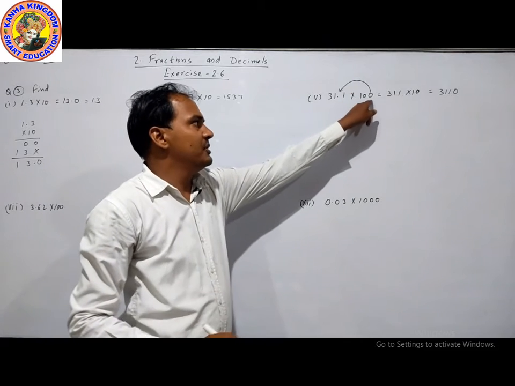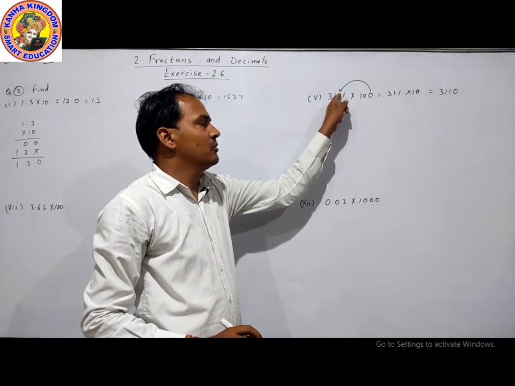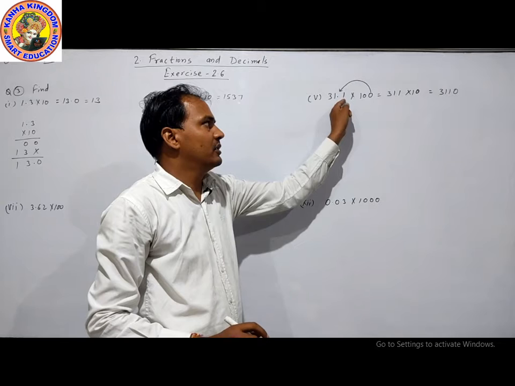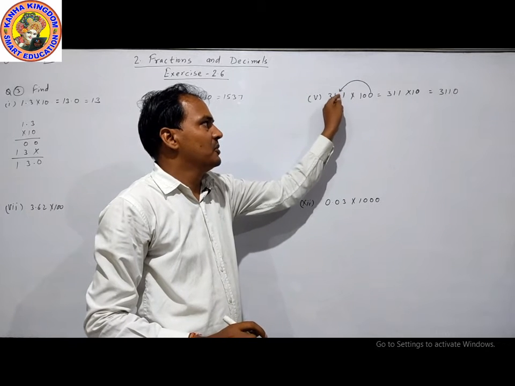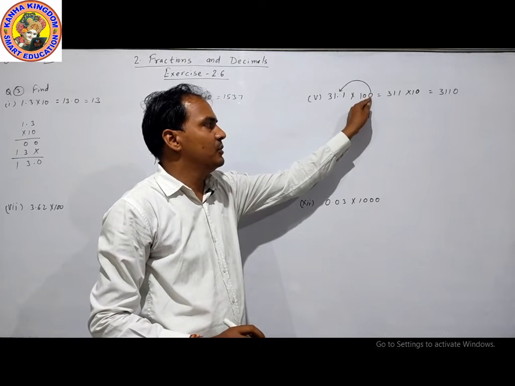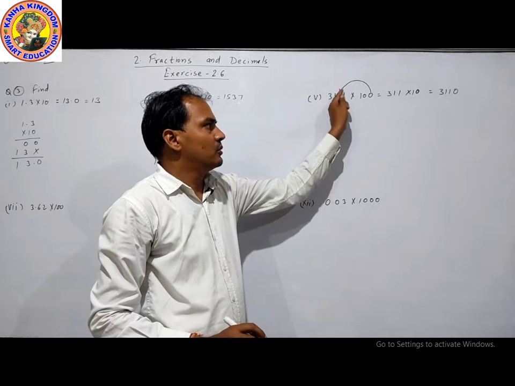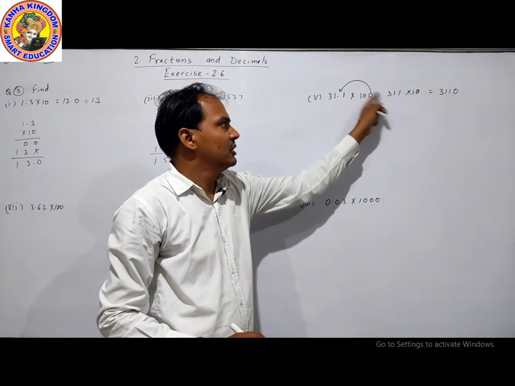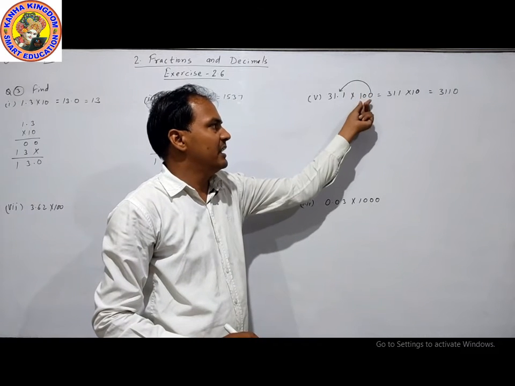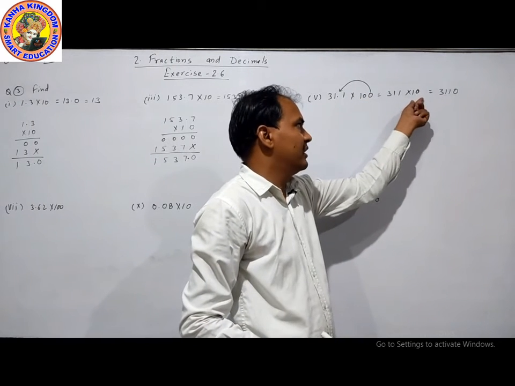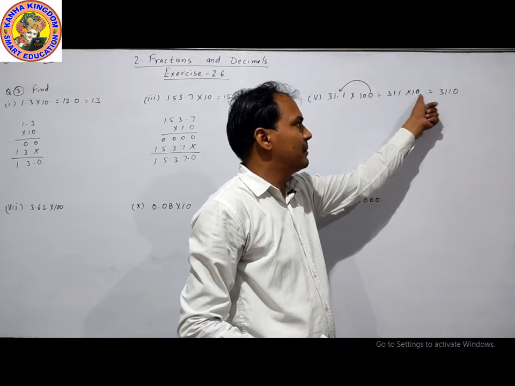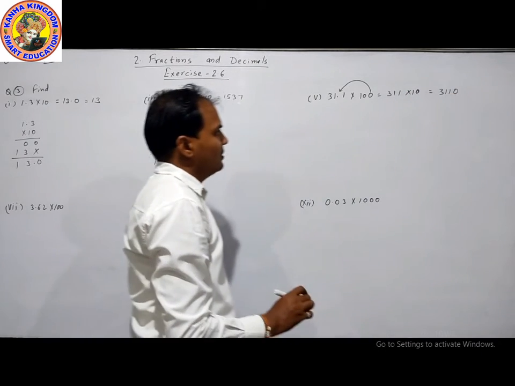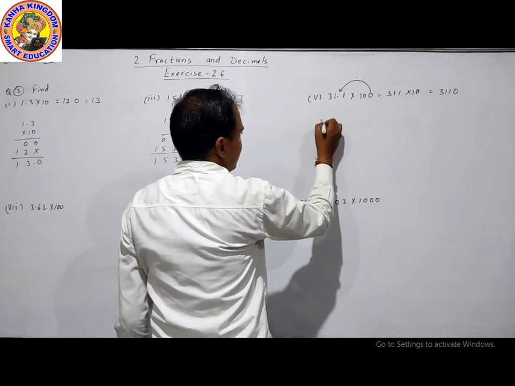Use 10 to remove the decimal point. The decimal point is after one digit, so we will use 10 to remove the decimal point. The digit is 311. One 10 is used, so remaining is 10. Now 311 multiply by 10, 3110. Cross check the answer.